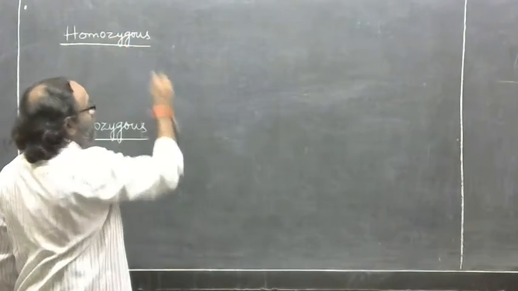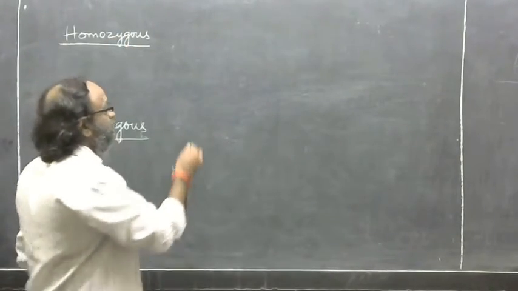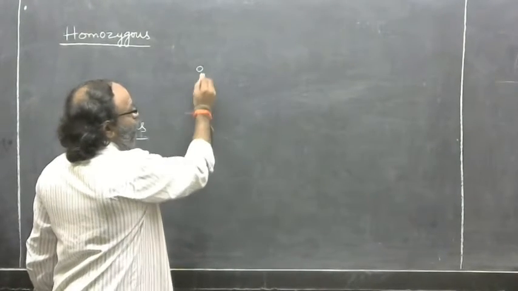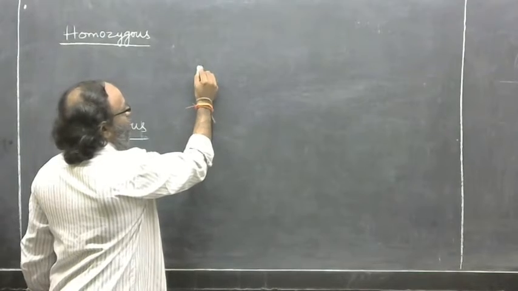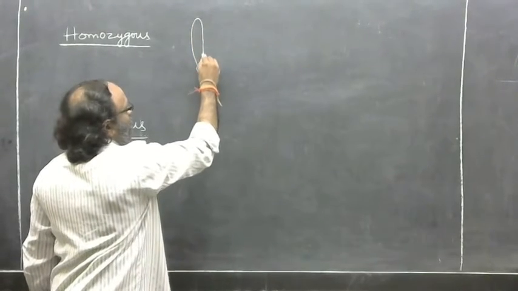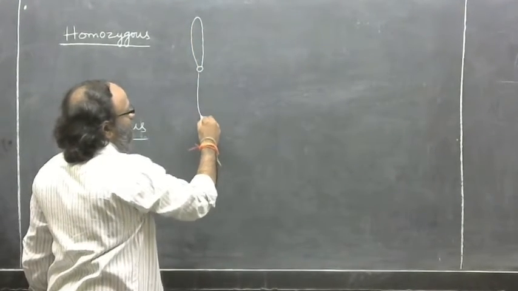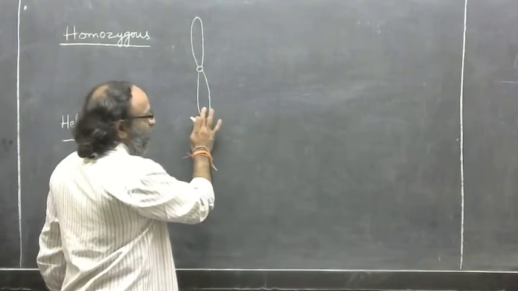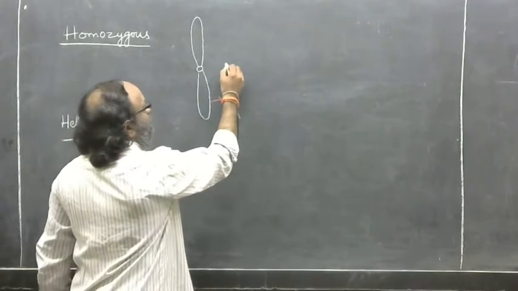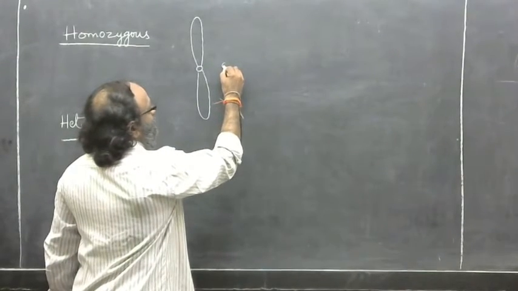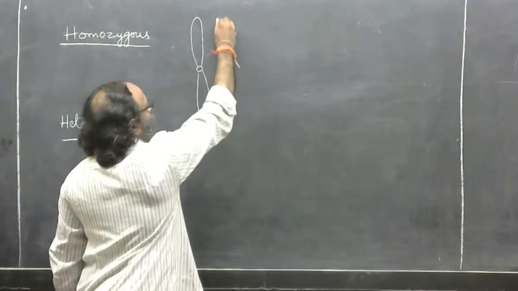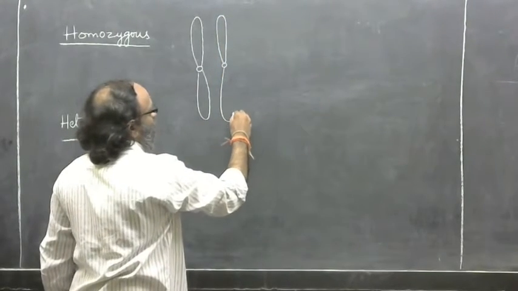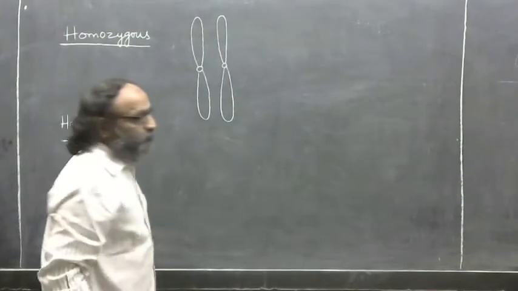Now, let me define first what is homozygous. Again, imagine that this is a chromosome with a centromere. This is the centromere of a chromosome. Imagine that this is a chromatid, the arm of the chromosome. Imagine that this is one chromosome and this is another chromosome. They are identical chromosomes or homologous chromosomes.